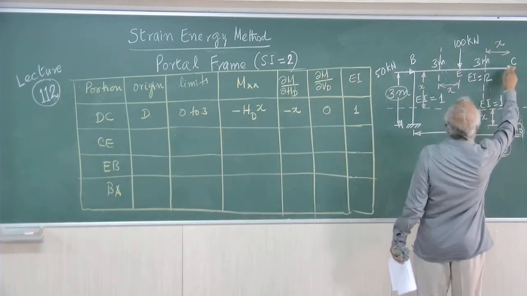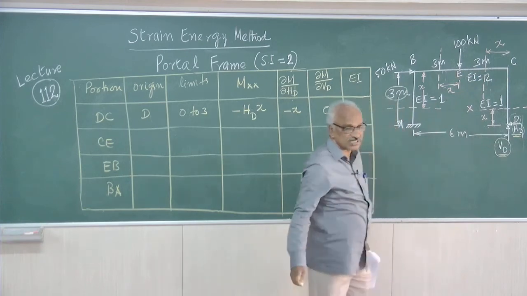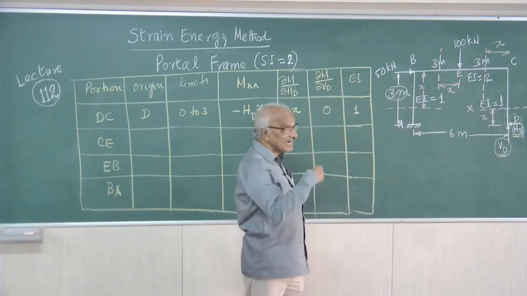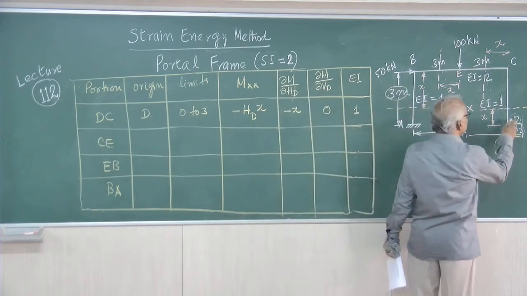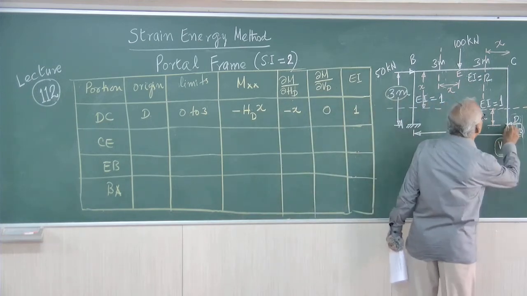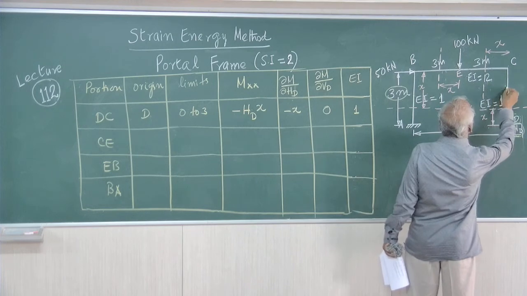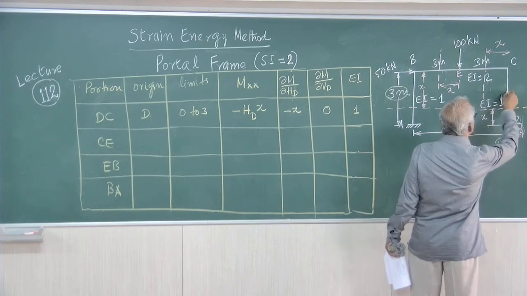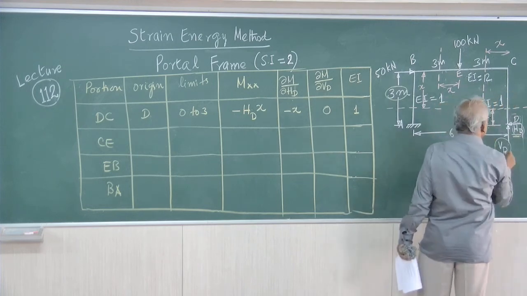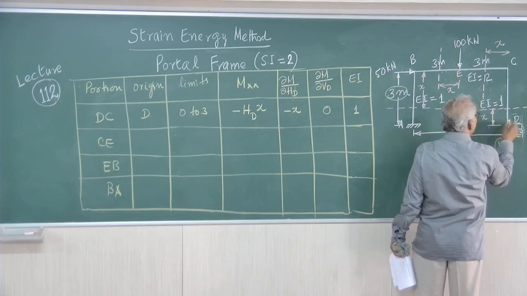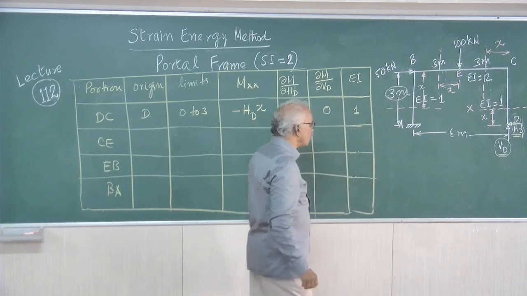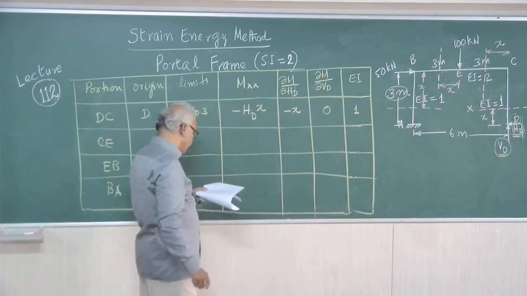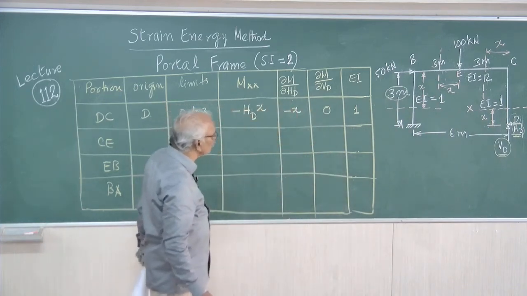Now, coming to the portion CE, to the right of C there are two forces. One is the vertical force, into x meters, the perpendicular distance. HD is a horizontal force into vertical distance, so HD will cause HD into 3 meters.